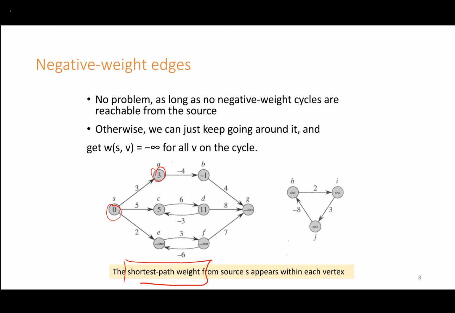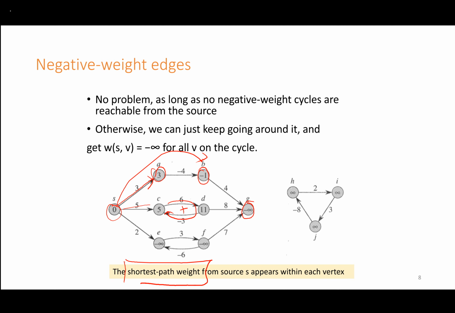This number 3 corresponds to the shortest path from S to here, and this is the shortest path from S to B through A. Now take a look at this branch: it has a positive cycle, so definitely the first round of this cycle gives the smallest path weight.